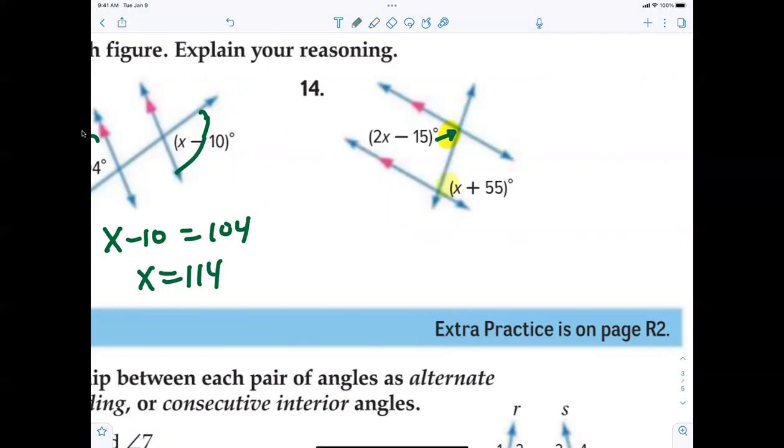Yeah, alternate interior. So 2x minus 15 equals x plus 55. Everybody with me on that? So x equals 70. Right, x equals 70.